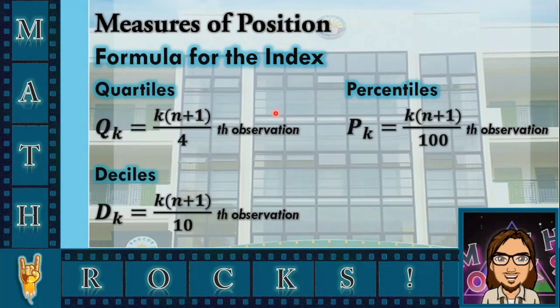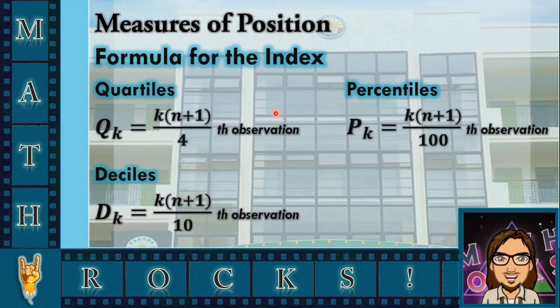Of course, we have to calculate the index, particularly the location of the median in the distribution. Then after knowing the location, we look for the value that refers to our median. And the same goes for the process of knowing the values of these measures of position. We have to know first the index or the location of a certain position in the distribution, and afterward, we have to carefully look for the value.